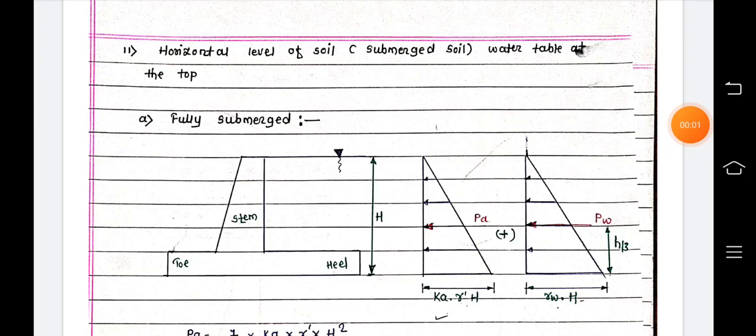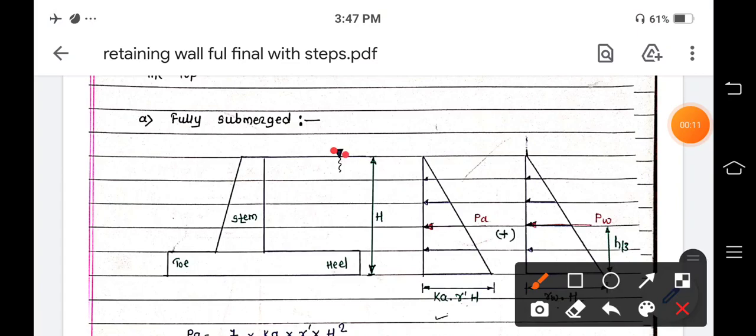That is the calculation of the horizontal active earth pressure for the next condition, that is, when the backfill is fully submerged. Fully submerged means that at that point there will be water plus soil. This is called the stem, or the wall, and this is our backfill.